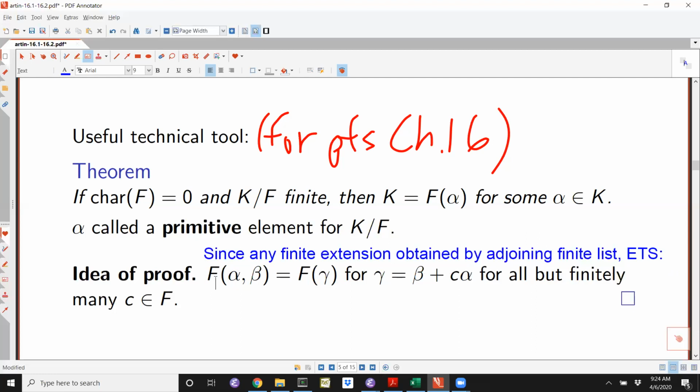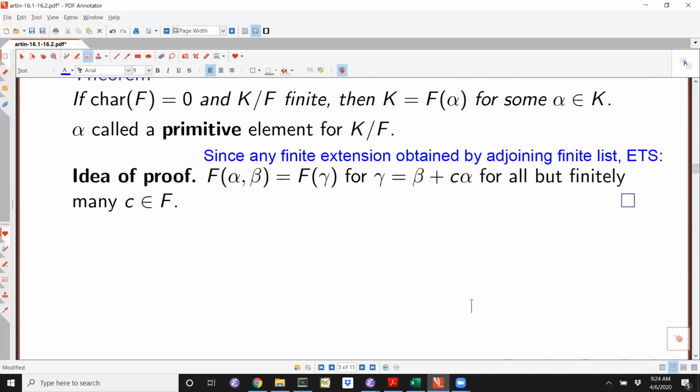What this essentially says is that if you take a random linear combination of alpha and beta, that will actually be equal to extending by both alpha and beta. There's a little bit of cleverness involved in getting that, but that's the basic idea: if you take a random linear combination of any 2 elements, you'll get 1 element that generates the extension of both of them.